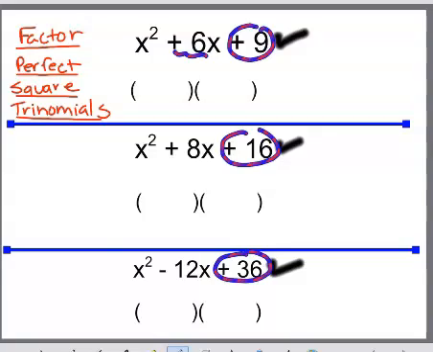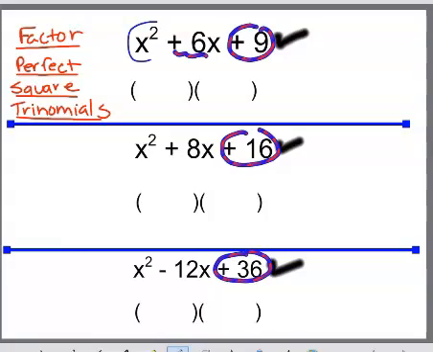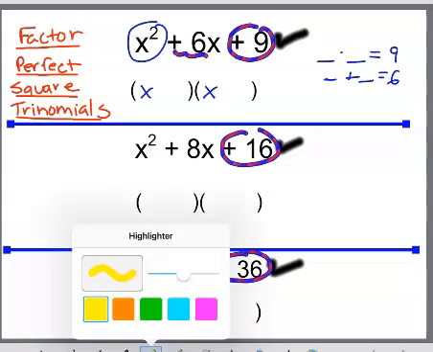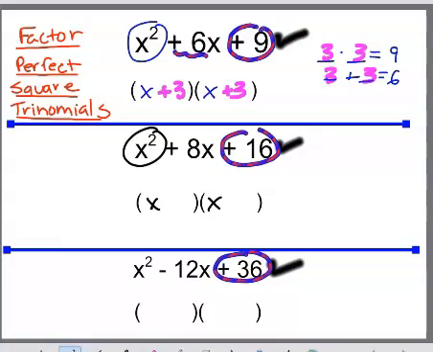All right, so if I'm factoring this, remember, if this is x squared, I would put an x and an x here. And then I think of two numbers that multiply out to be 9 and add up to be 6. That is positive 3 and positive 3, so we put x plus 3, x plus 3. Here, this is x squared, so it'll go x times x.